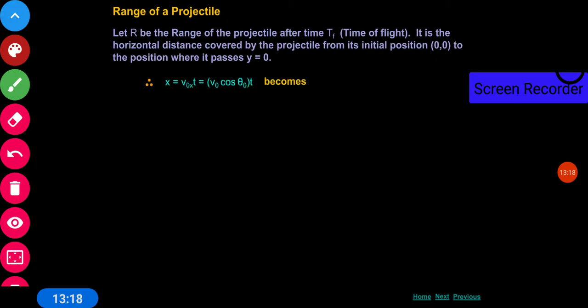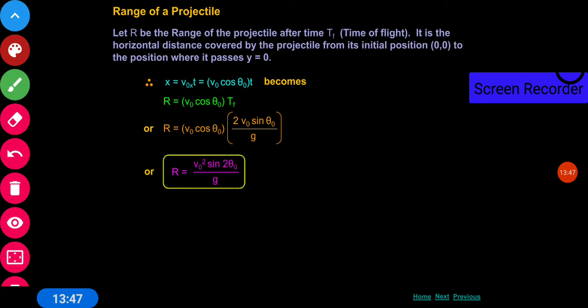Therefore x = v0x t = v0 cos θ0 t, so R = v0 cos θ0 Tf, where Tf is the total time of flight, because range means y = 0, so only the x component will be there. By putting the value of the total time of flight, this reduces to R = v0² sin 2θ0 / g.